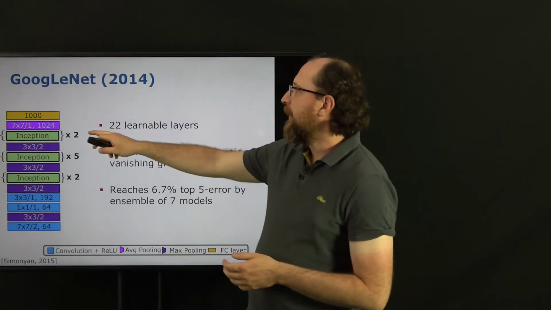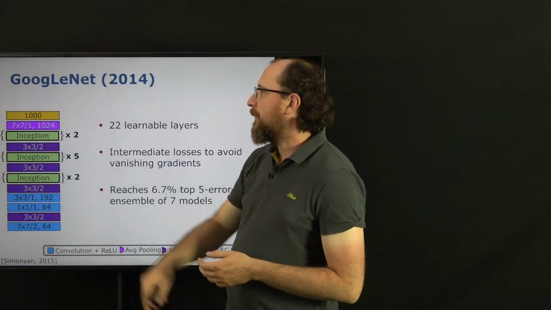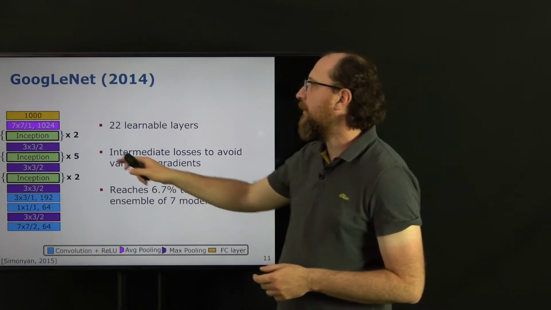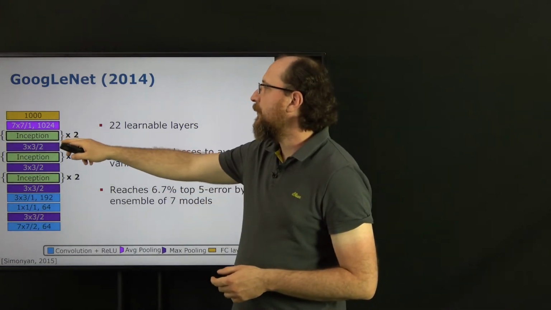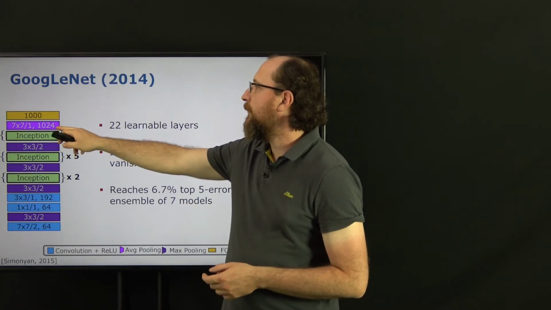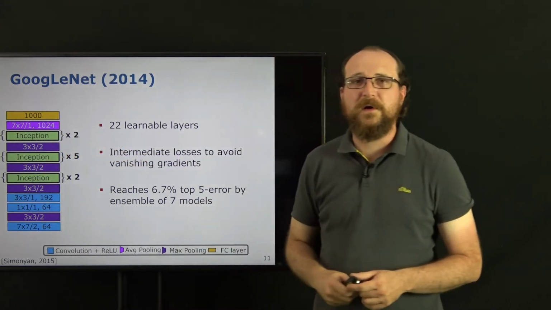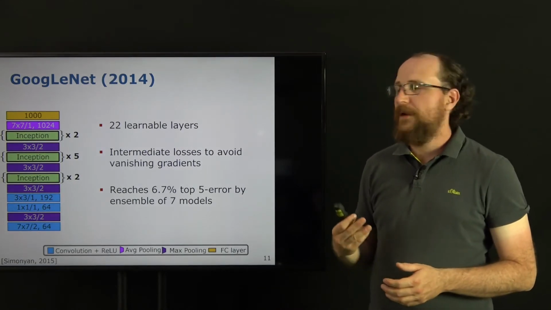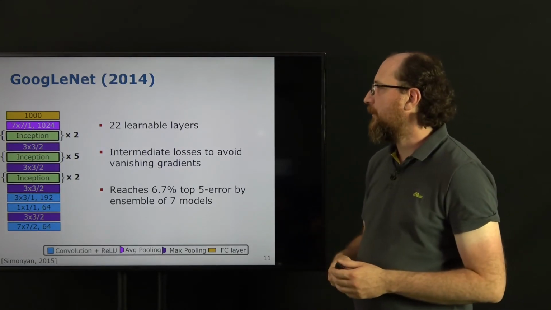And as I said, in the end, instead of the two fully connected layers, we now have this global average pooling, which then produces the 1024 output values, which are then used by the fully connected layer to finally produce the logits for the softmax that we want to have.